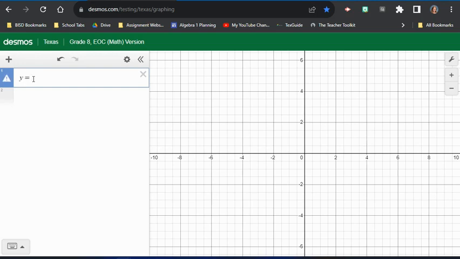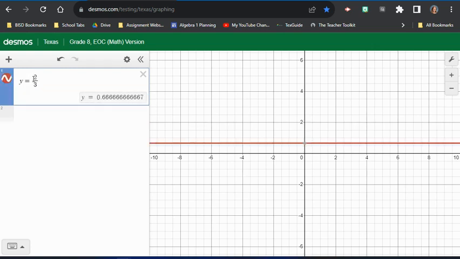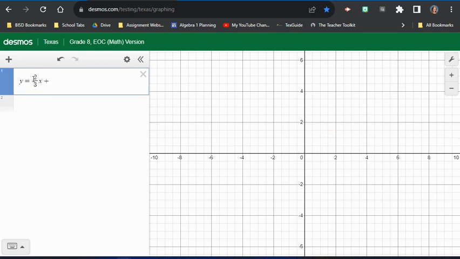y equals 2/3x plus 1. So 2/3. Okay, how do I get out from under the denominator? Just like with the calculator, to get out from under the denominator, we're going to arrow over. So arrow over to get out from there. x plus 1.